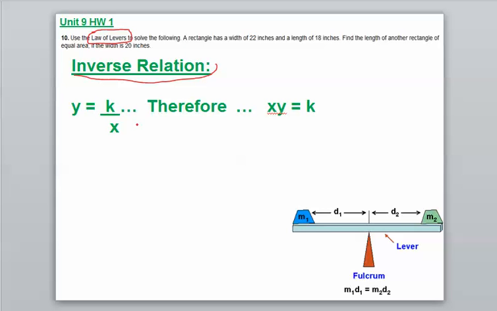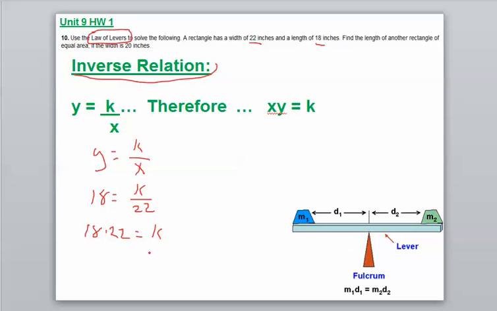Okay? So we're going to say y equals k over x, and they're giving me that the width is 22 and the length is 18. So let's see here. Which one do we want to put them into? I'd say let's put 18 equal to k divided by 22. So when I multiply through by the 22, I'm going to get 18 times 22 is equal to k.